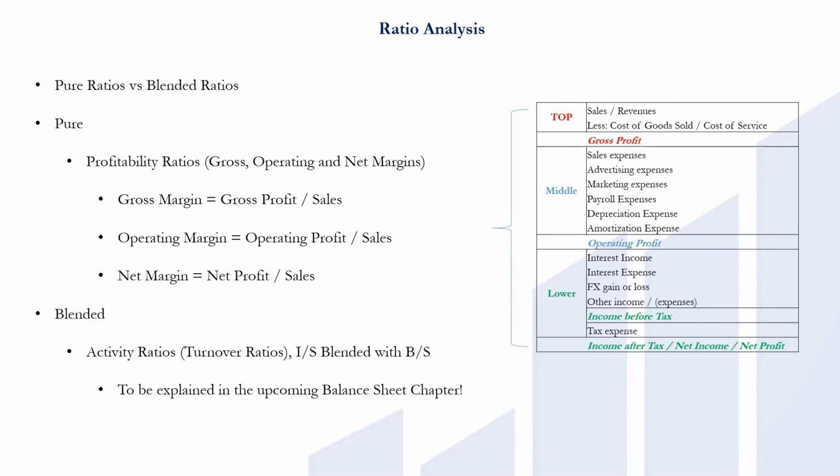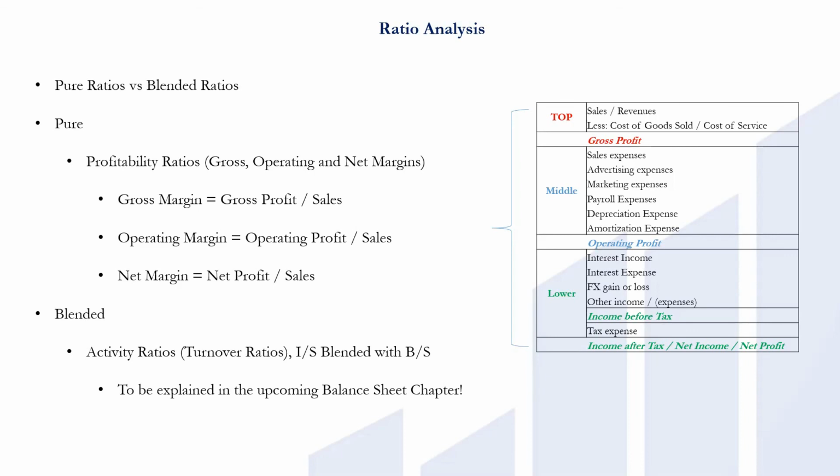For the sake of this video, I'm going to be talking about the pure ratios, which are ratios that are deduced solely from the income statement. And later on, whenever we get into more videos about the balance sheet and cash flow, I'm going to be talking about blended, and try to give you guys as much information as possible when it comes to the ratios that you should expect to see or to hear of.